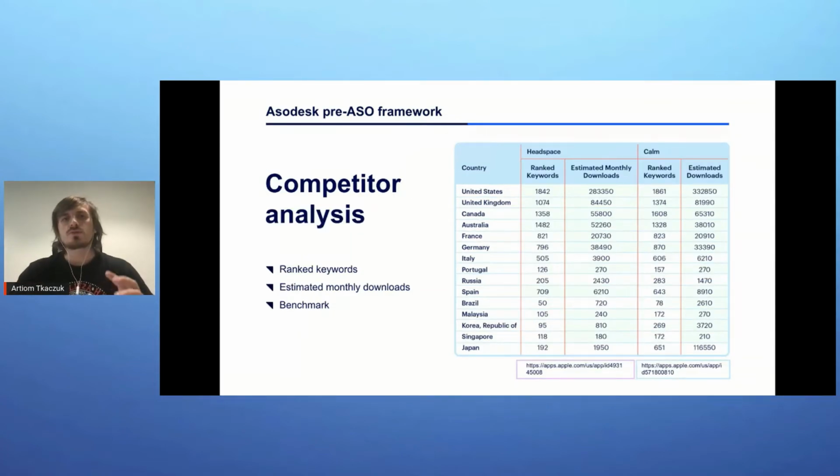Now we need to compare our internal metrics, market volume, and the state of things of our competitors. So basically, we take here two core numbers: number of ranked keywords, extracted again from an ASO service, or it might be assembled by an ASO manager manually, plus estimated monthly downloads taken again from an ASO platform. In our case, we have taken this data from the ASO desk platform.